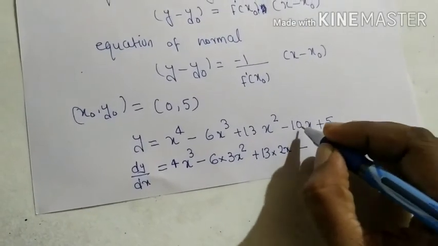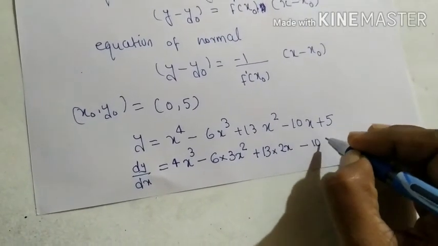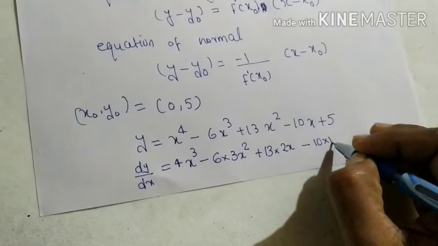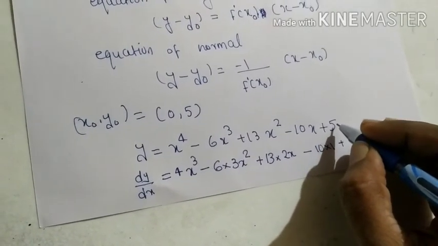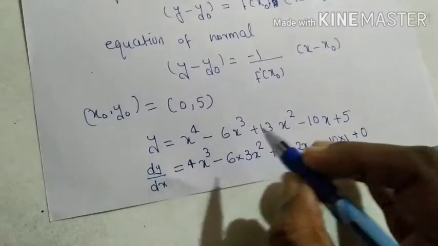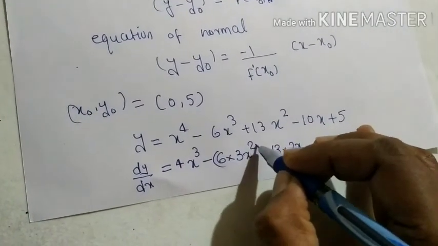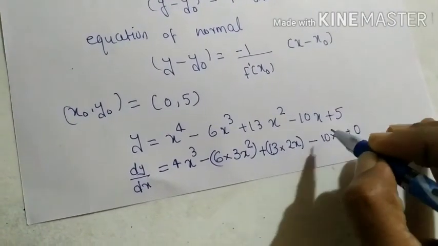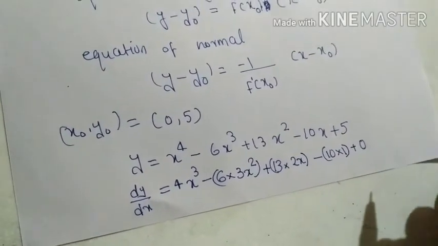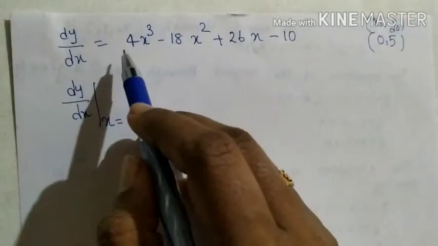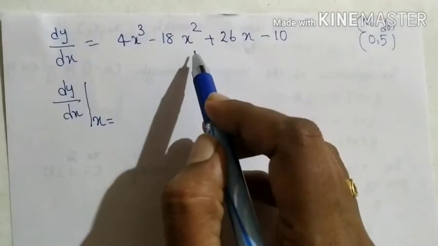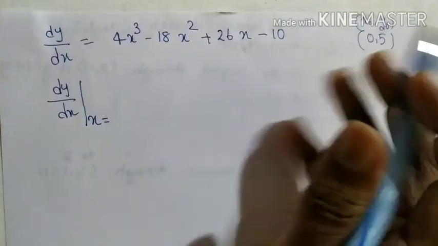Minus 10 is a constant, derivative of x is 1. Plus 5 is a constant, so the derivative of a constant is 0. After rearranging this, we get dy by dx as 4x cube minus 18x square plus 26x minus 10.